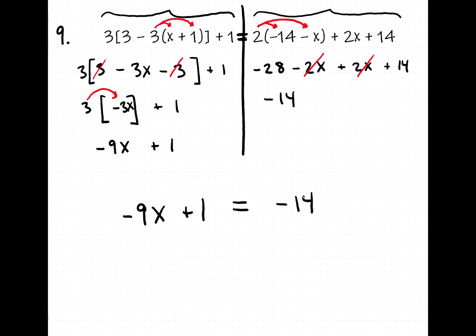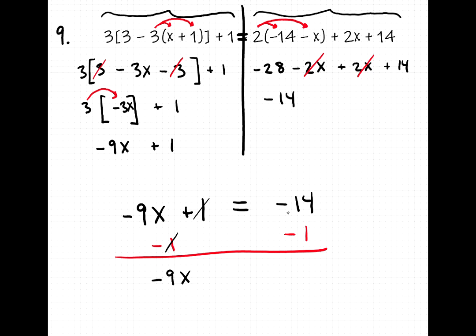All right, so we're only a couple of steps now to get x by itself. We've got to get rid of the 9 and the 1. So we've got this +1 on the left. We can get rid of that with a -1. Whatever we do to the left, we do to the right. Subtracting 1 from the left means these 1s will cancel, leaving the -9x on the left.